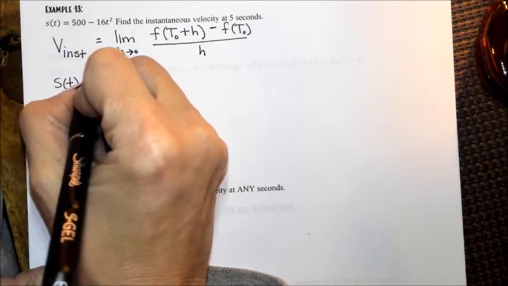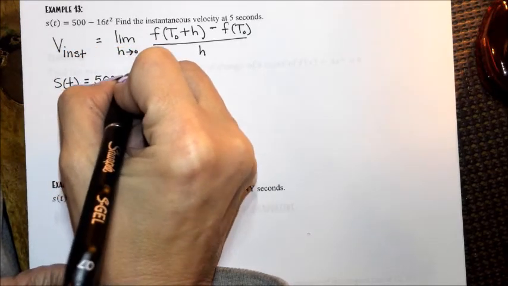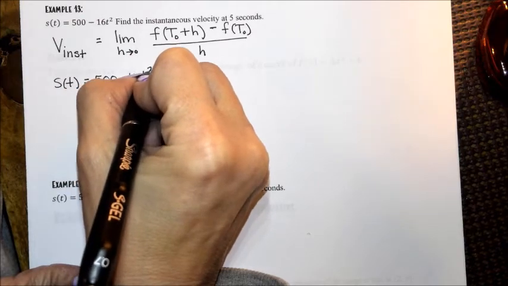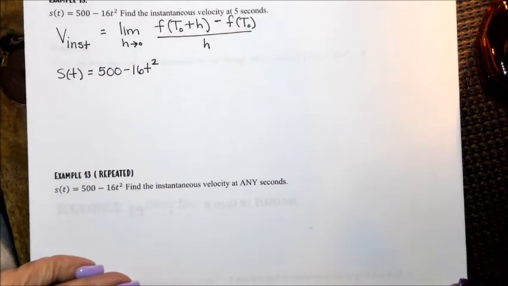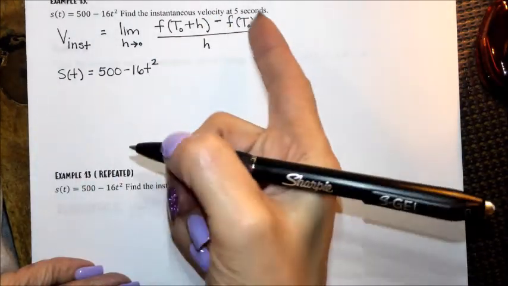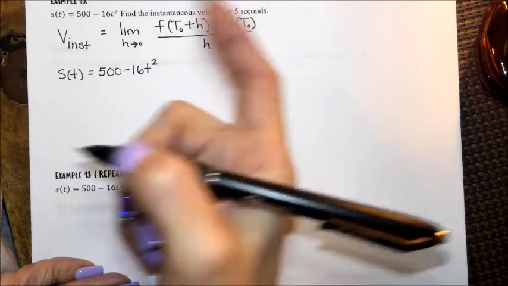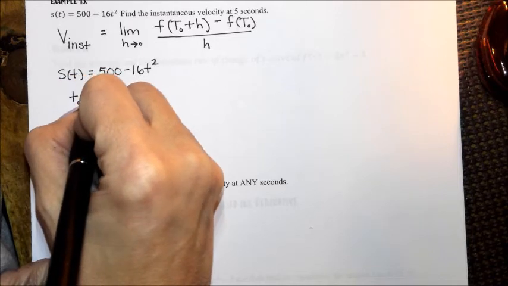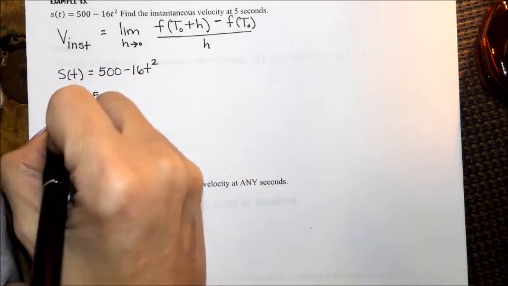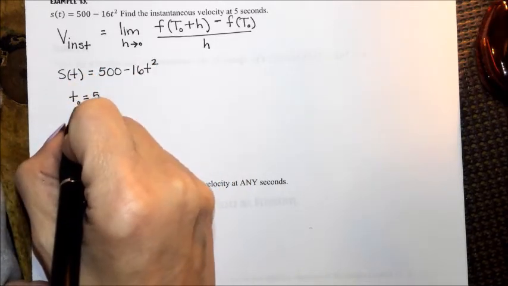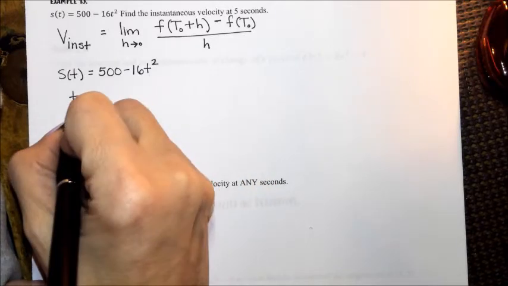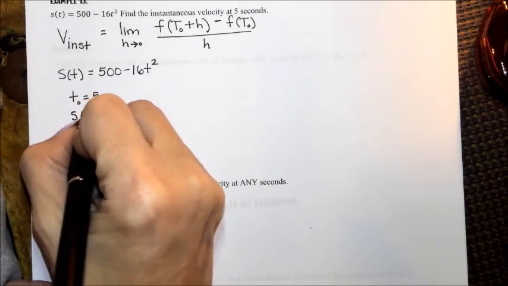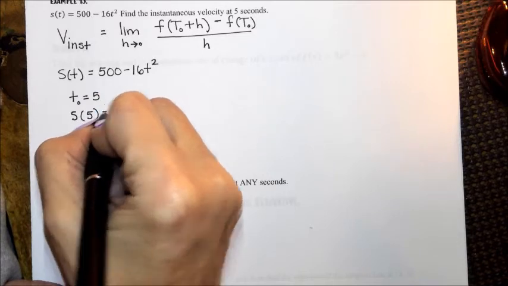Our function is 500 minus 16t squared. That's what we're starting with. All right, so we need to know at time 5 seconds, right? At t equals 5, so t naught is going to equal 5. We need to find, if it's at 5, what's that value? So let's find s of 5. What happens at 5?